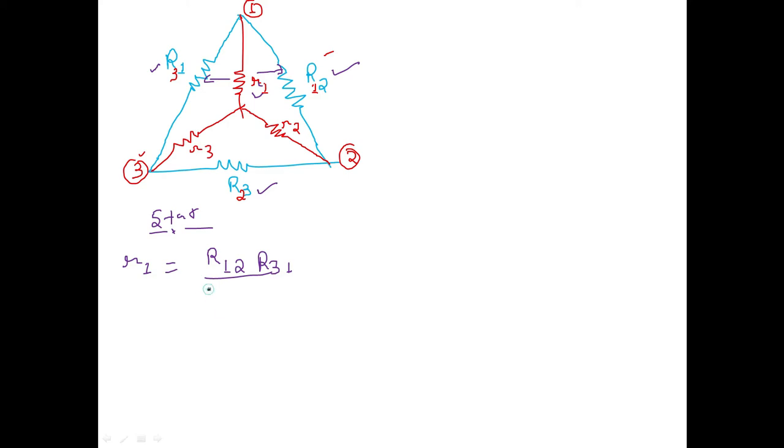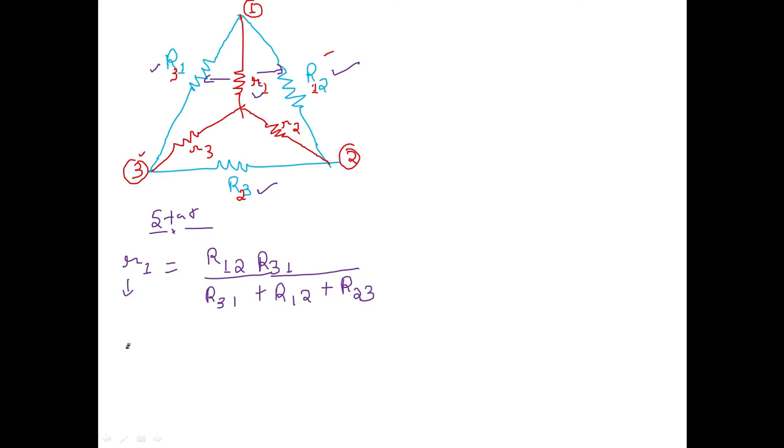So we will combine all the outer resistance network, that is R31 plus R12 plus R23. So this is our resistance R1 of a star network. In this way we will find the R1 resistance of a star network.